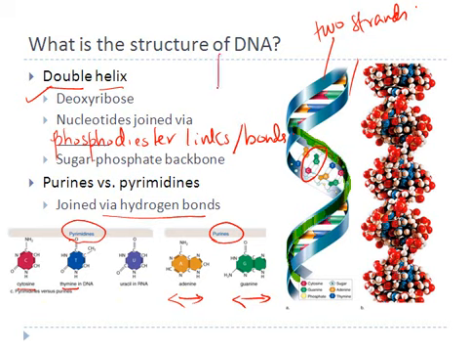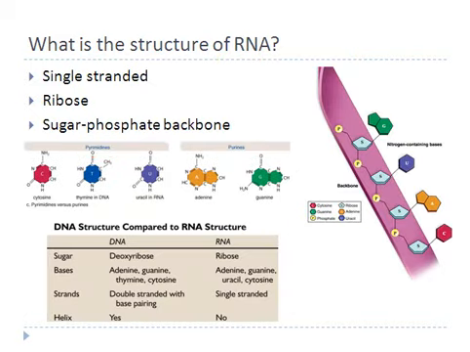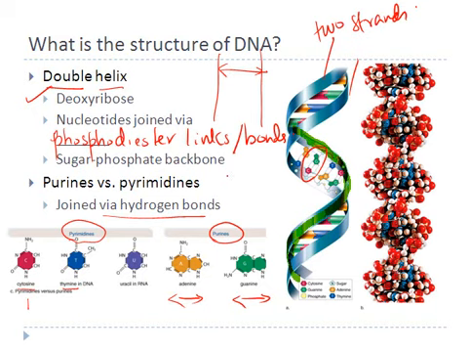In order for the ladder to have a uniform width, it was understood that a one ring structure pairs up with a two ring structure to give you this format. Adenine always binds with thymine and guanine always binds with cytosine.